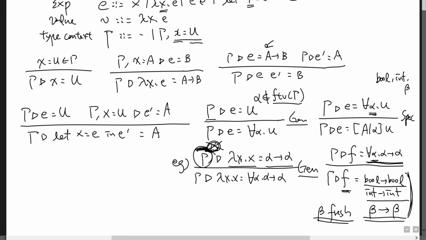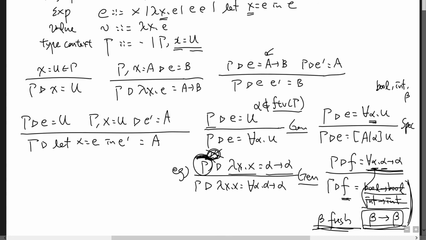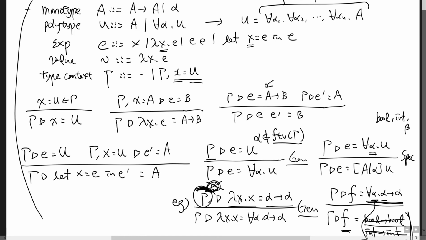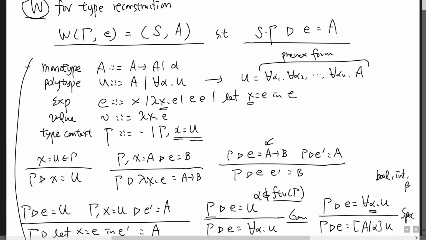So in the algorithm W, we will not see something like this one, but we will actually see the last case where this type variable alpha is instantiated to a fresh type variable beta. So that's actually the specification for this algorithm W. So this is the input specification, and we'd like to devise an algorithm W with this specification.